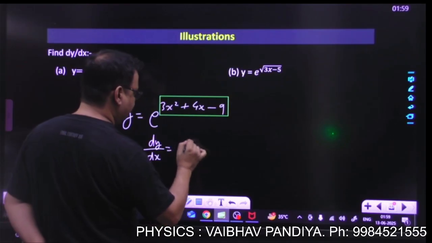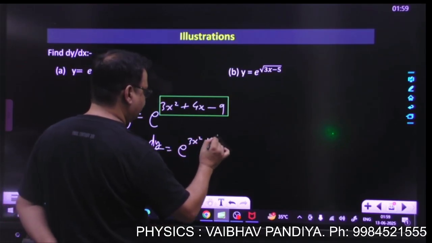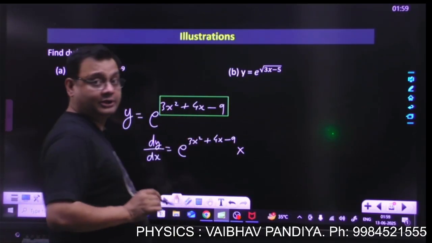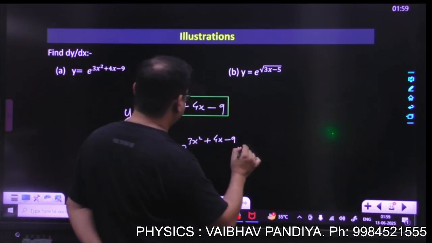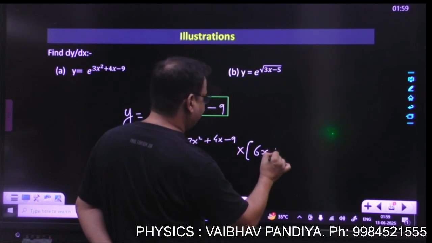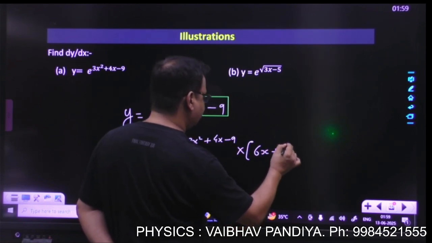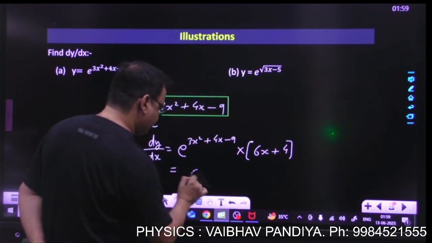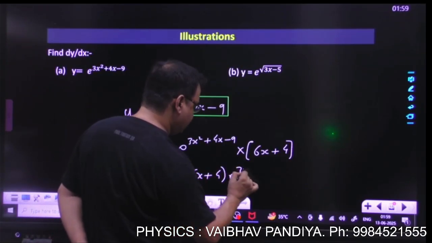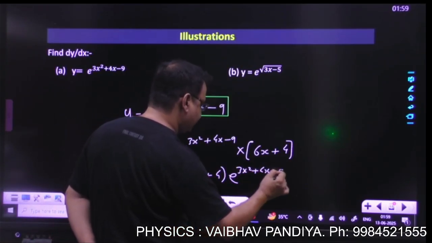So we'll get e to the power 3x square plus 4x minus 9 multiplied by the derivative of the argument. Now you have to multiply with the derivative of the argument. So 3x square will have a derivative 6x, 4x will have a derivative 4, 9 will have 0 derivative. So your answer will be 6x plus 4 times e to the power 3x square plus 4x minus 9.